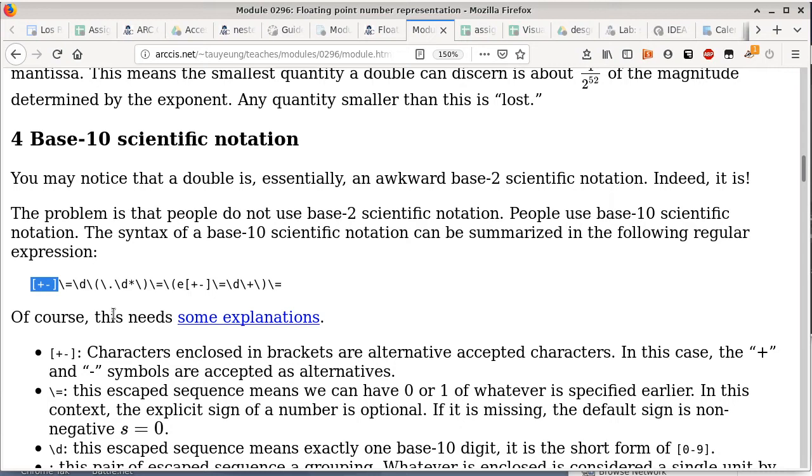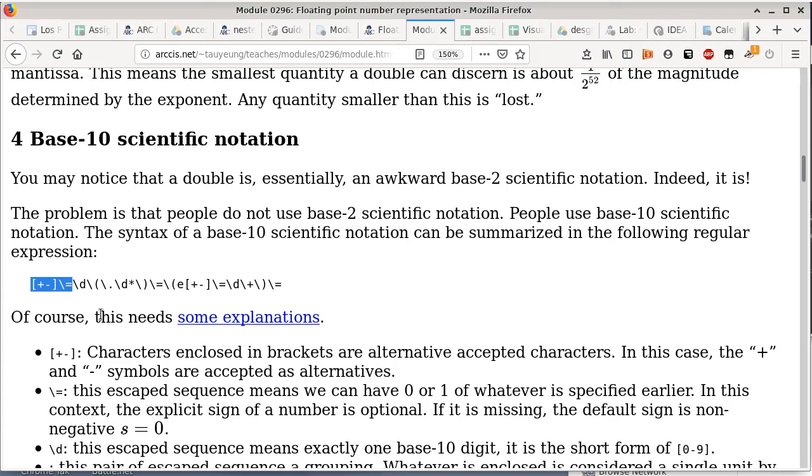That's all it says, which basically means it's optional. So when you look at this entire thing, it means a plus or a minus sign is optional at the very beginning of a base 10 scientific notation. That's all it says.